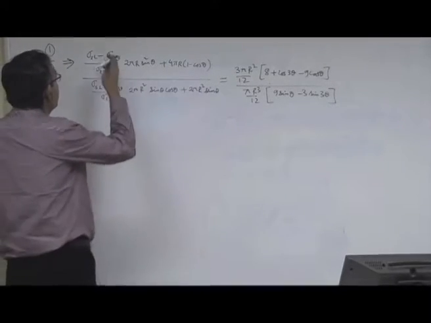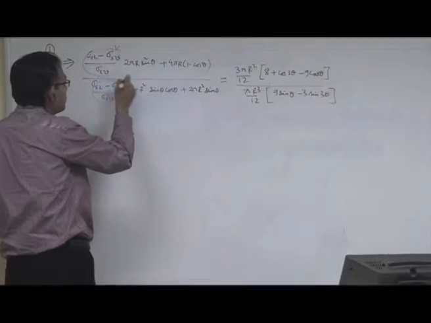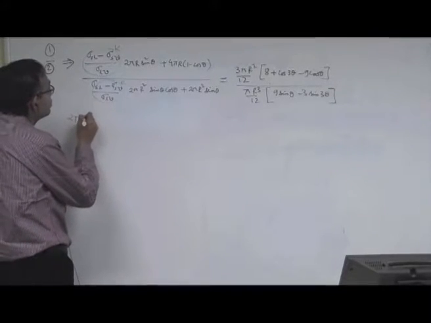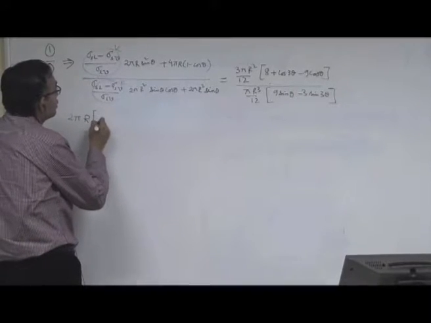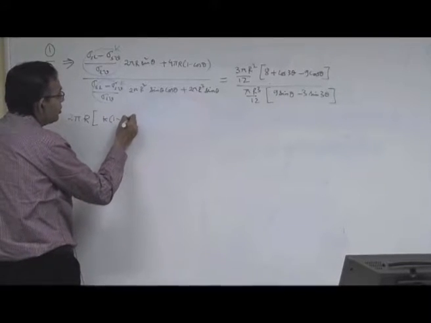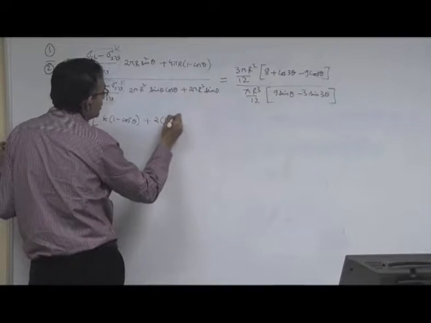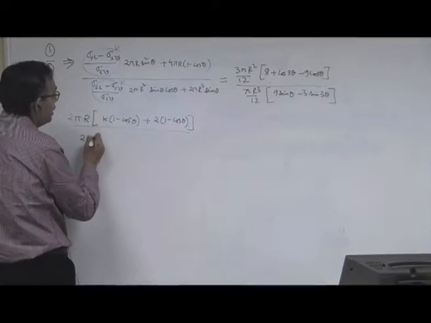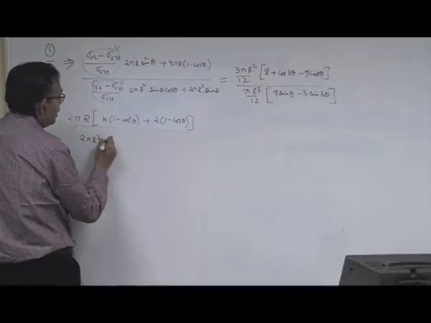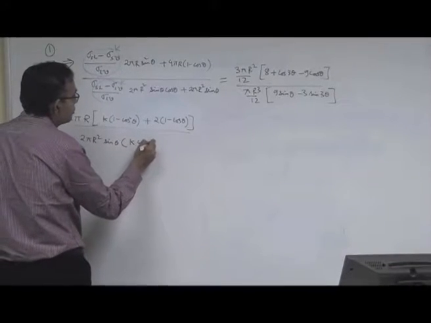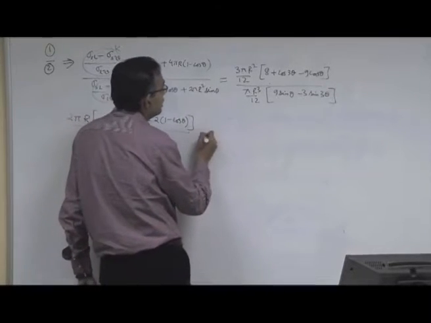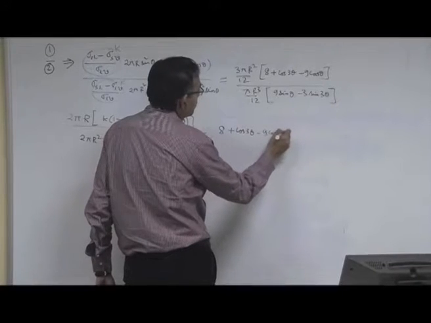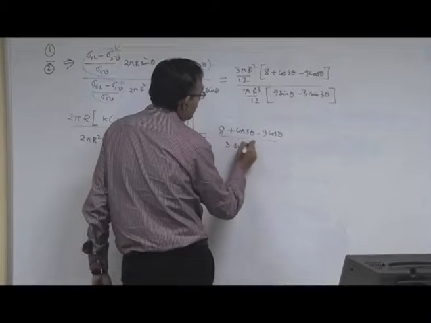So, this expression sigma SL minus sigma SV by sigma LV, let us say this is equal to K. If you take 2 pi r common, then K sin square theta, we can write 1 minus cos square theta, plus 2 into 1 minus cos theta, divided by 2 pi r square sin theta into K cos theta plus 1, is equal to 8 plus cos 3 theta minus 9 cos theta, divided by 3 sin theta minus sin 3 theta.